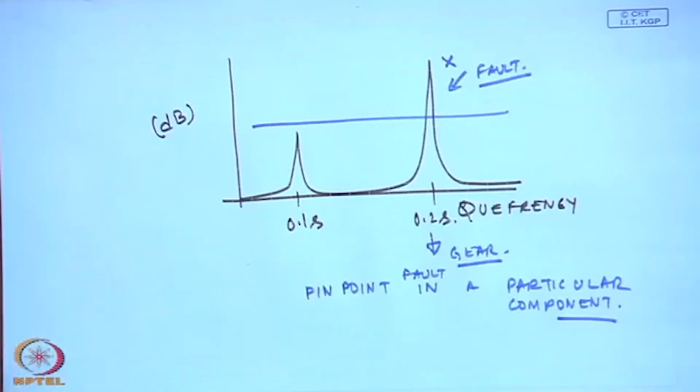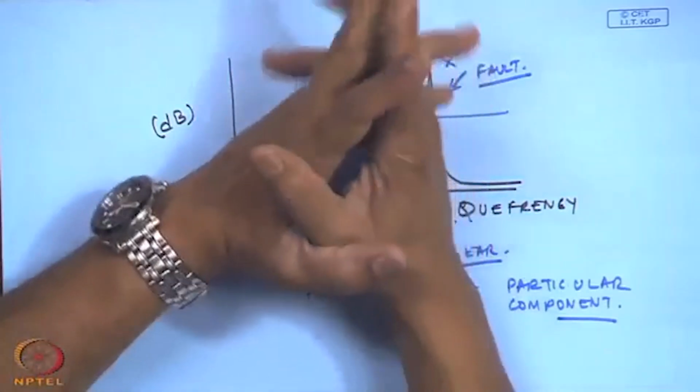So, just to summarize, the gearbox is a very important mechanical component, and this device is used almost in every industry. So, two broad ways of fault detection in gearbox are, one is doing the oil analysis and the wear debris analysis, another being the vibration analysis.